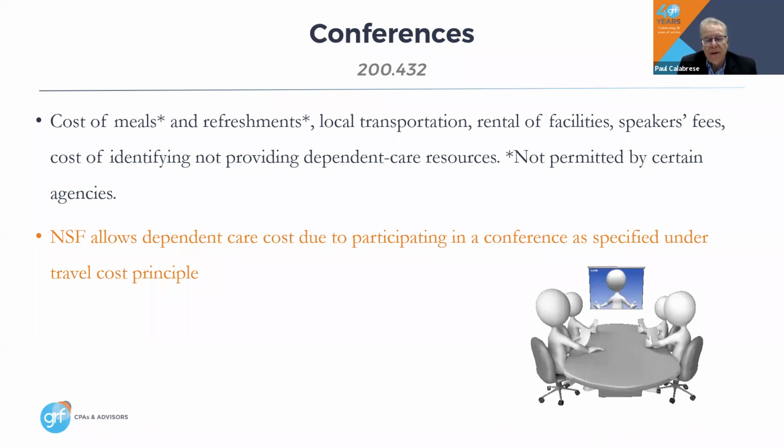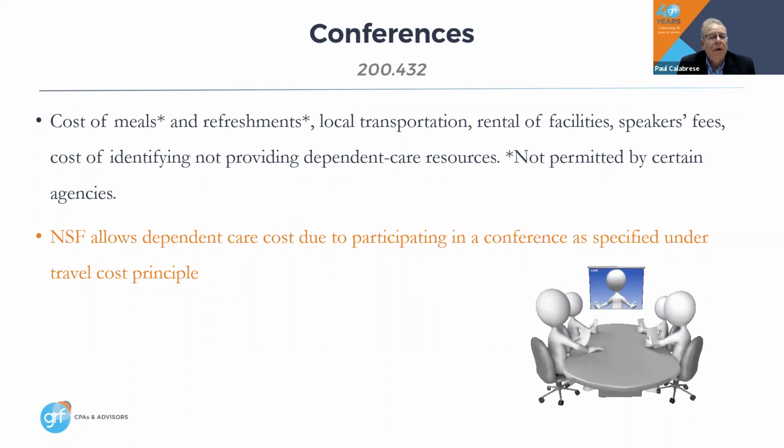So you should recognize that agencies can have more restrictive rules and we must follow them. Generally they would hopefully be in the terms and conditions. Sometimes it's spelled out in a longer document, sometimes they give you a web link. But the bottom line is, in some instances, unfortunately, it's not allowable.